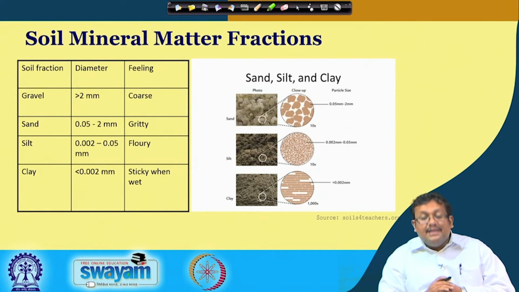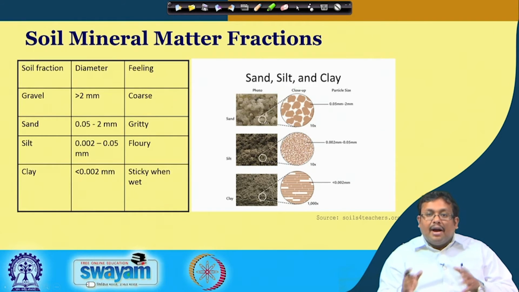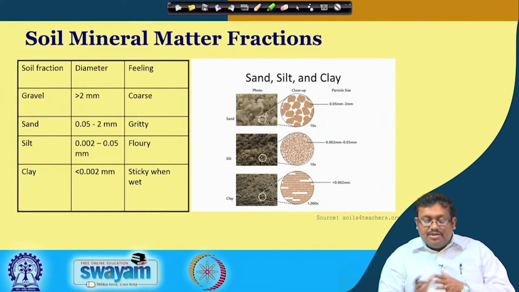However, sand is the coarsest fraction, and in between sand and clay the silt fraction is present, which has a particle size diameter ranging from 0.002 to 0.05.